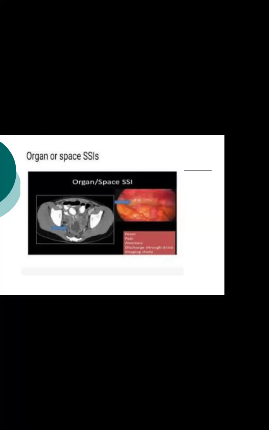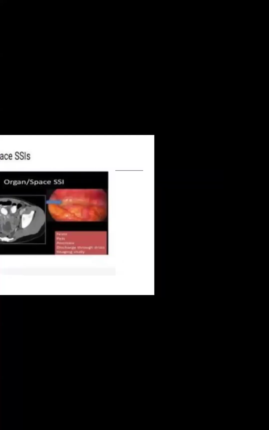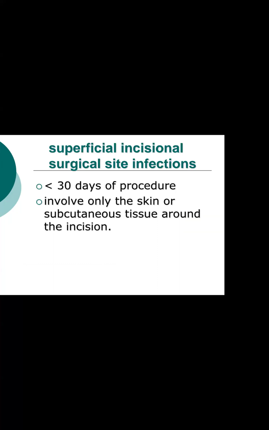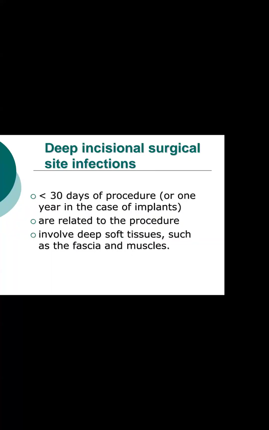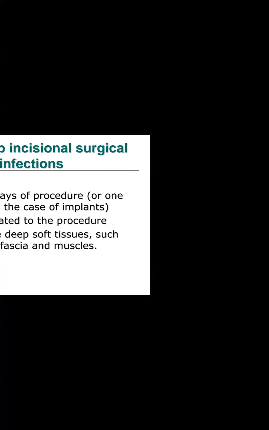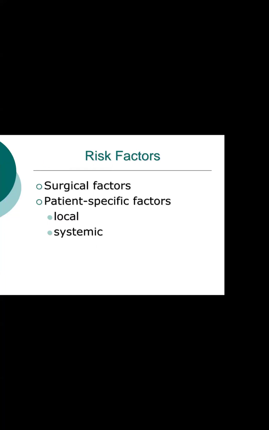So that is an organ or space surgical site infection. As we discussed, superficial incisional infection occurs within 30 days and involves only the skin or subcutaneous tissue, and deep incisional occurs within 30 days, or 1 year in case of implants, and involves the deep soft tissues, fascia, and muscles.